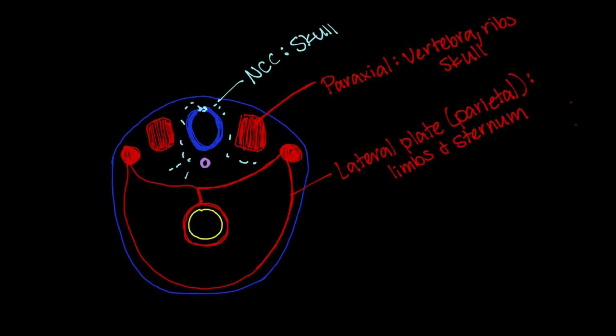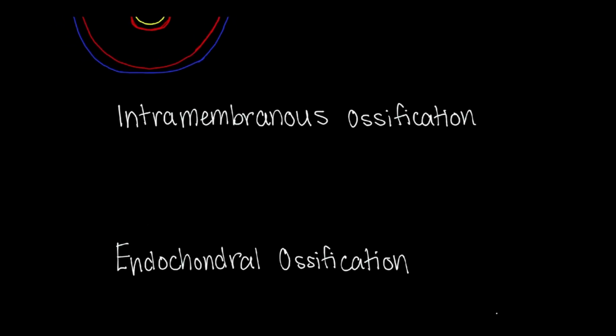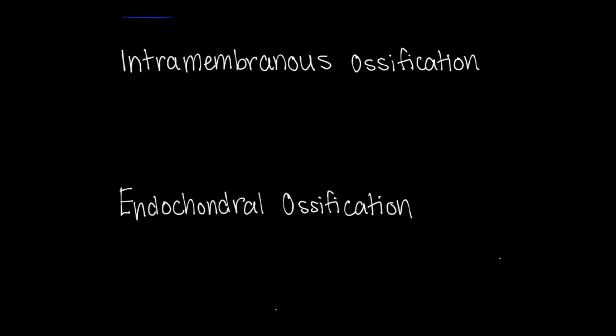Now that we've talked about the different germ layers that contribute to the formation of the bones, we're going to talk about two different ways that bone is going to form. Those two ways are intramembranous ossification and endochondral ossification.